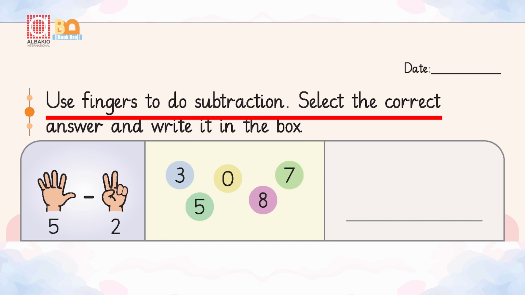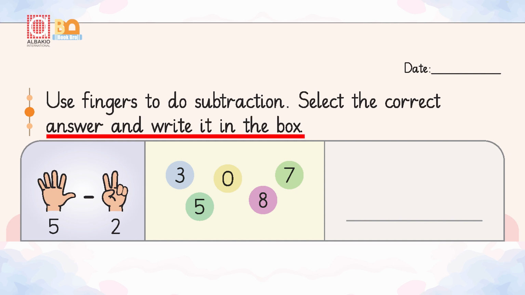Now let's use fingers to do subtraction. You have to select the correct answer. Ready? 5 minus 2. So we will cut 2 fingers. We will cross the first and the second finger, and we are left with 3 fingers. It means 5 minus 2 is equal to 3.